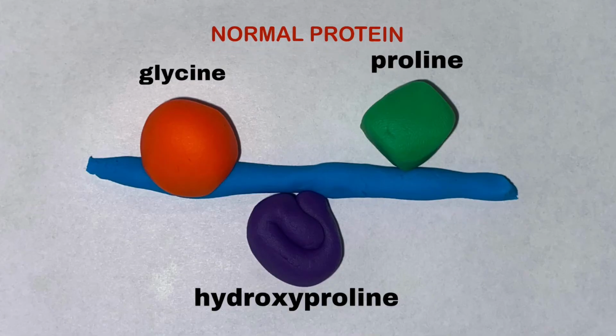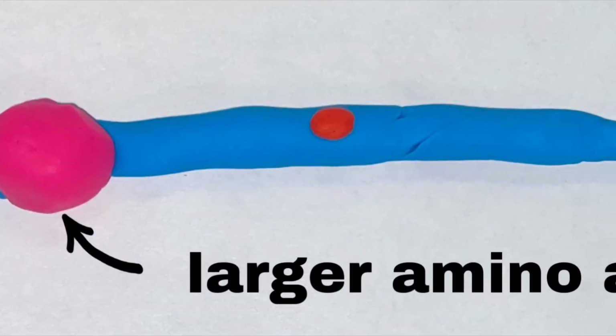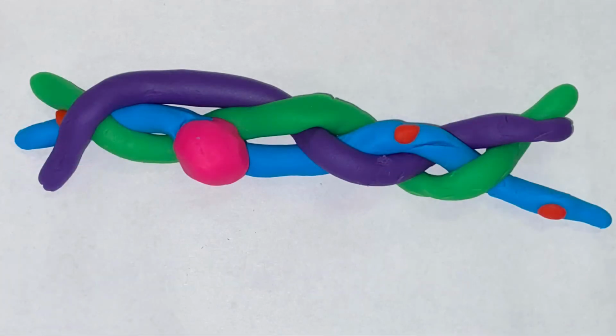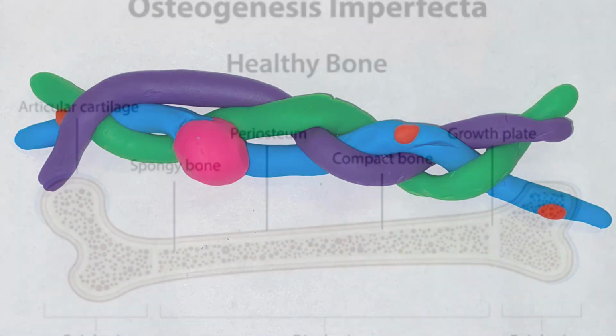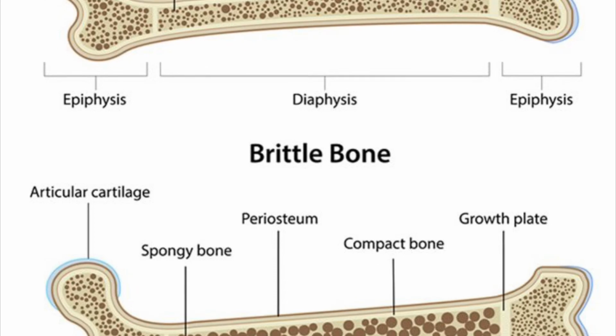In mutated type 1 collagen, the amino acid glycine in one of the alpha chains produced by the COL1A gene is substituted for a larger amino acid. This substitution prevents the 3 chains from forming a helix and therefore limits the production of osteoid. Those are the fibers that form the structural and mechanical matrix of the bone and cartilage. This can lead to osteogenesis imperfecta or brittle bone disease.